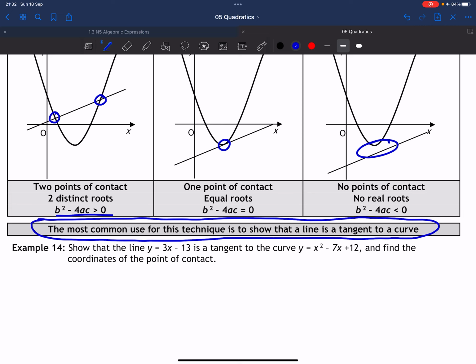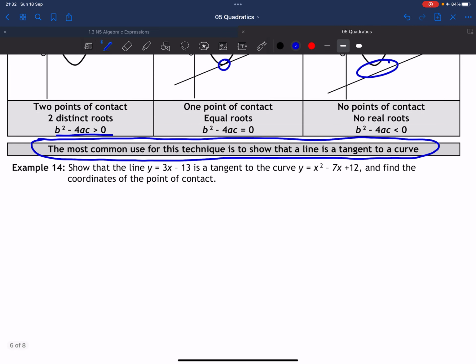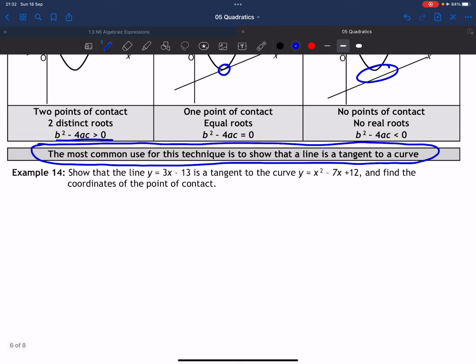Very, very important. Example 14: show that the line y equals 3x minus 13 is a tangent to the curve y equals x squared minus 7x plus 12, and find the coordinates of the point of contact.